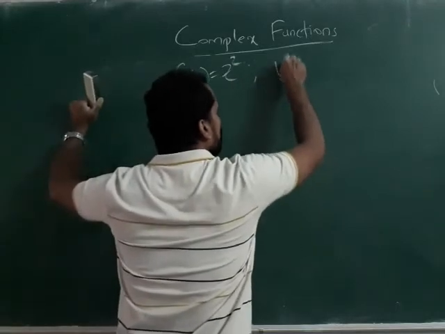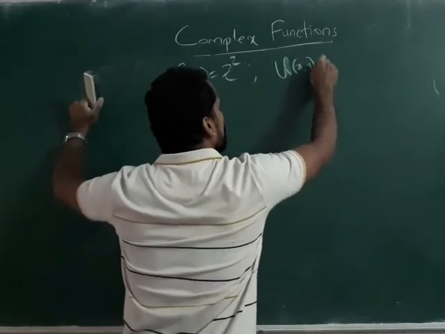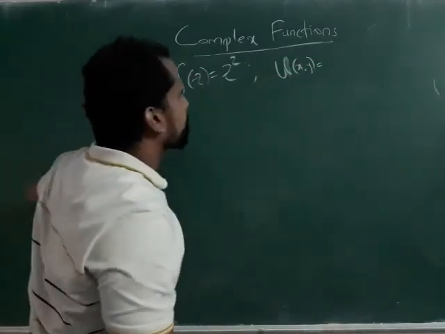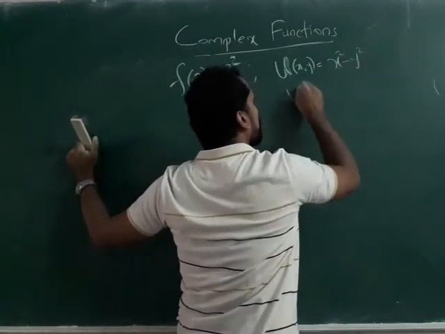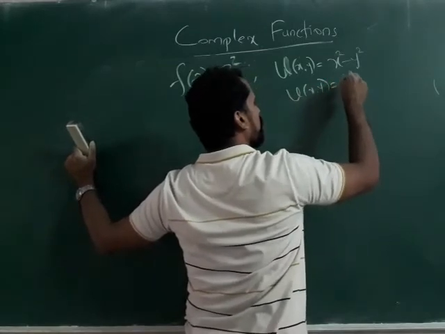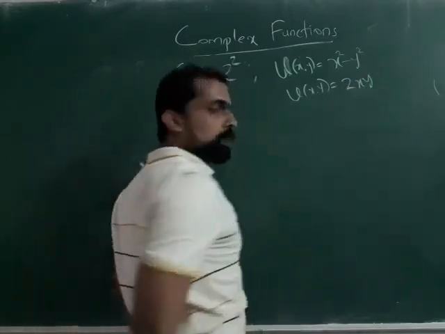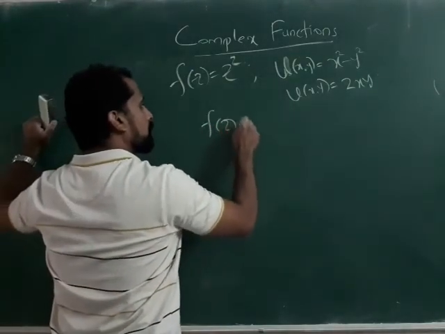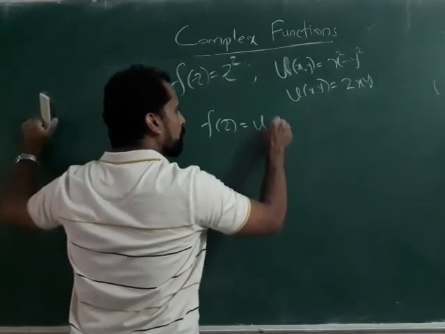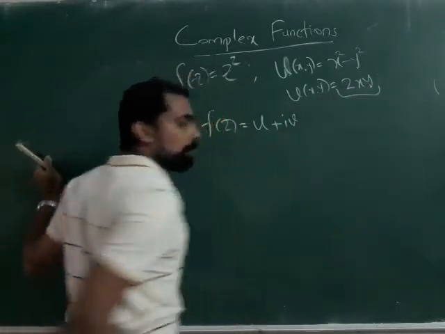So that means u of x comma y is equal to x square minus y square, and v of x comma y is equal to 2xy, because you don't have to write i into 2xy, as we write f of z is equal to u plus iv.